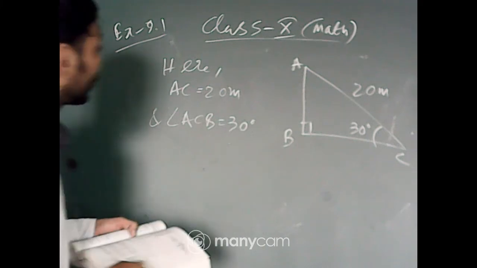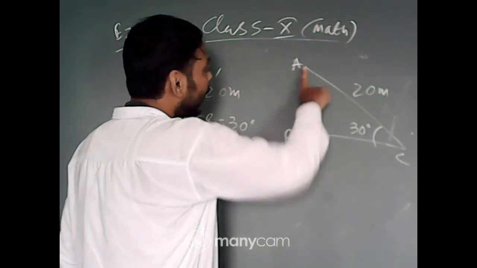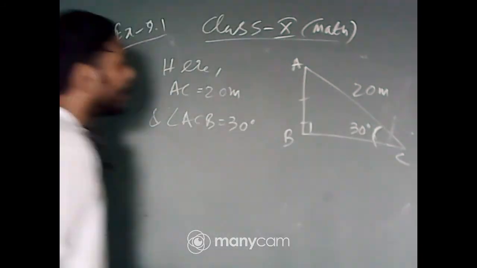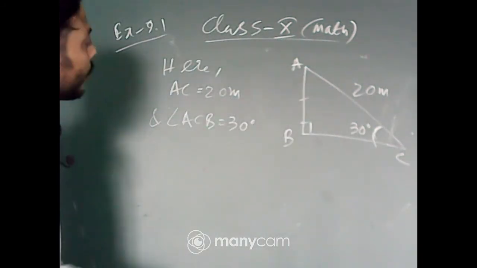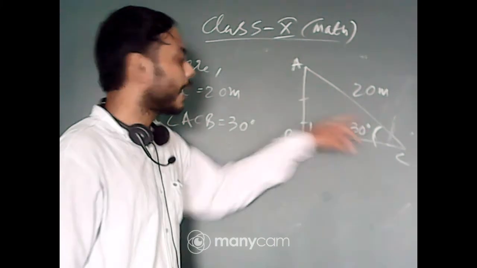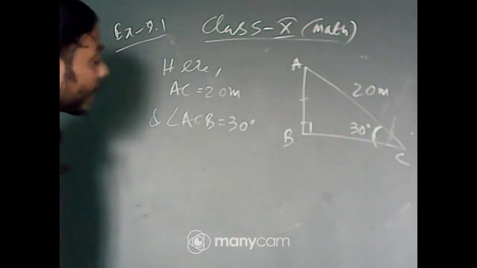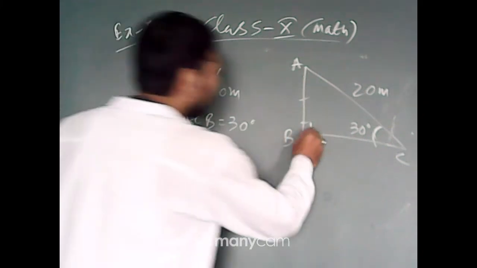Now you are asked to find, I am saying again, AB. That means with respect to this angle, this will be the perpendicular. You know that always the side opposite to the acute angle is the perpendicular, and the adjacent side will be the base.